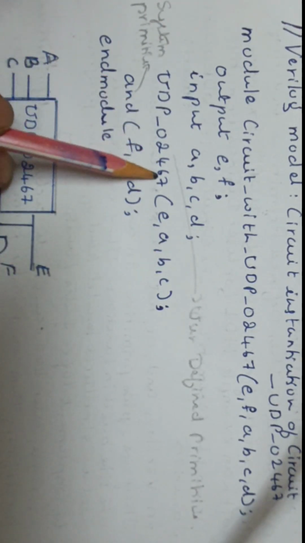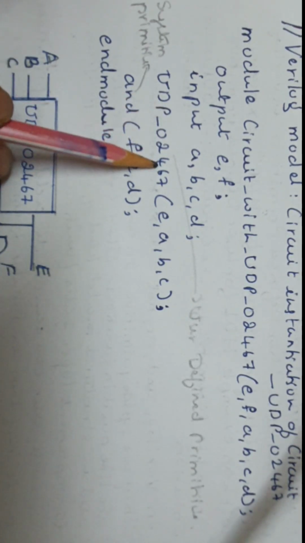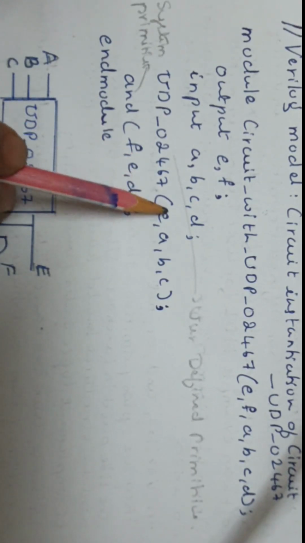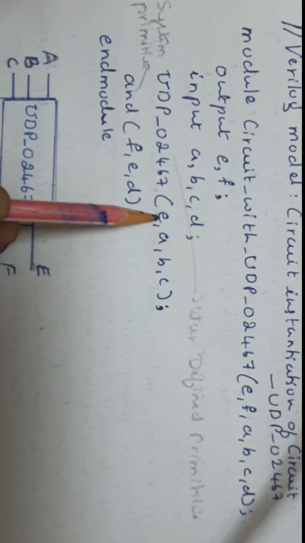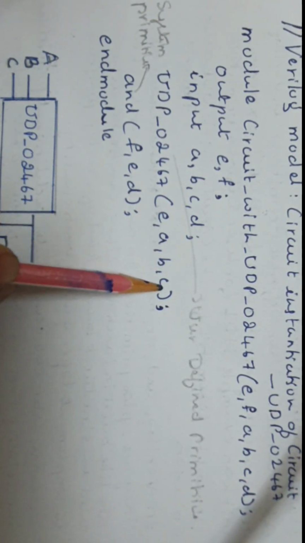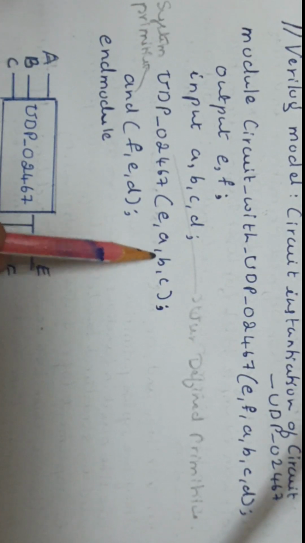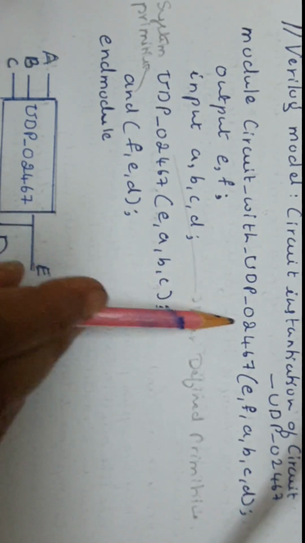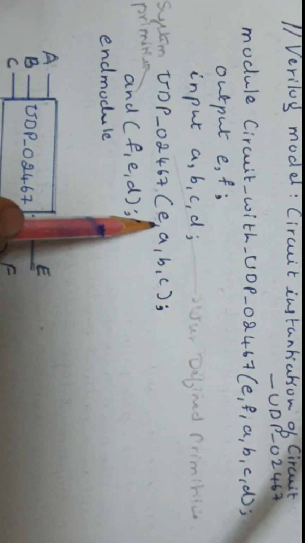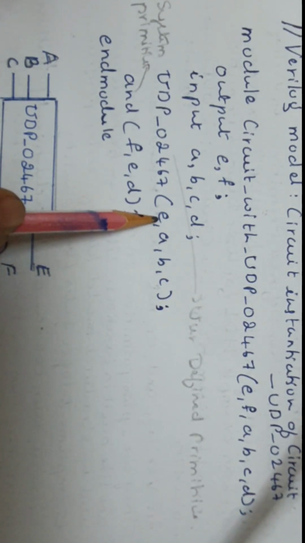Then we are calling that user defined primitive whose name was this. Now that circuit is created here. It gives the output in E as ABC are varied from 000 to 111. The output on E will be 1 for the combination 02467. Now we are getting that circuit here.